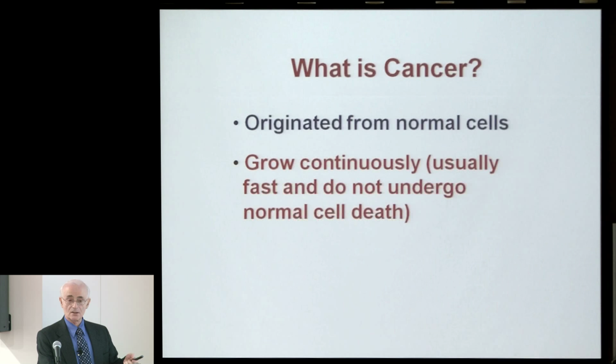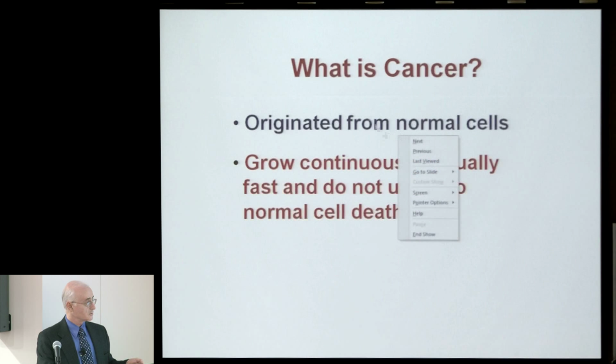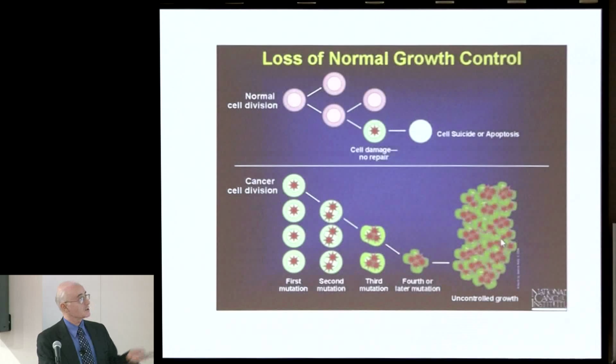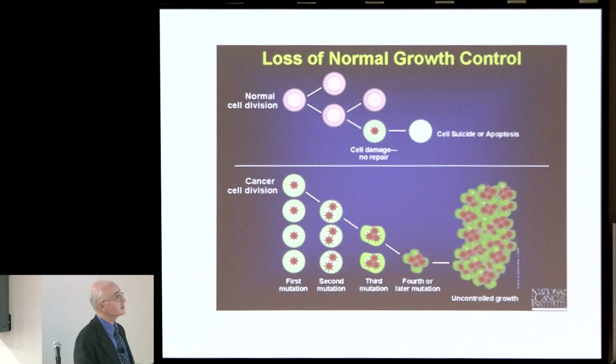But a cancer cell doesn't die. That's the reason you usually have death from cancer cells. And the last one is lack of normal function. A cancer cell is not like a normal cell, and that is one of the things that affects your body badly.